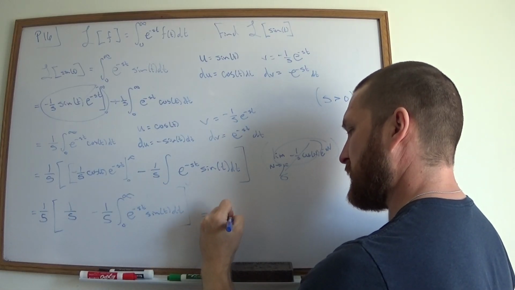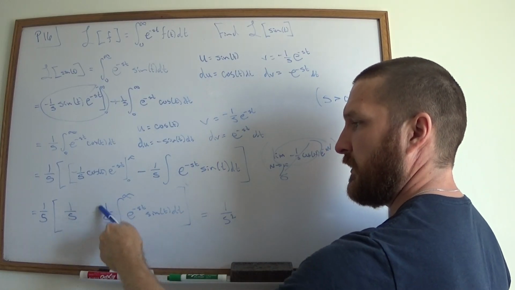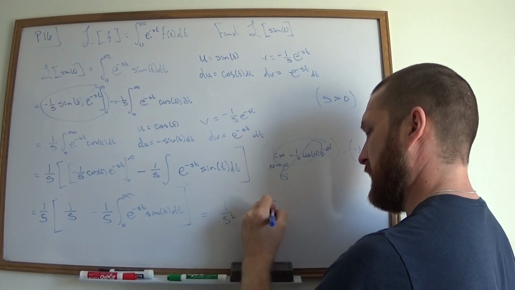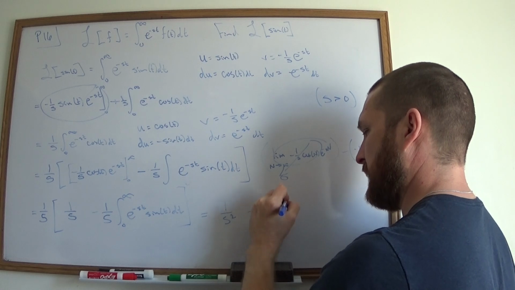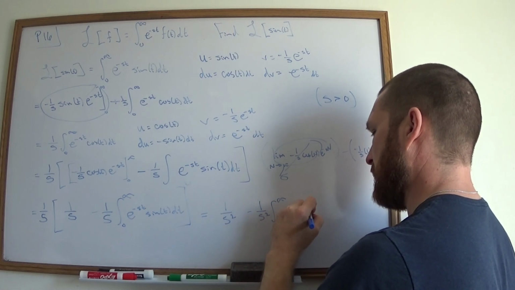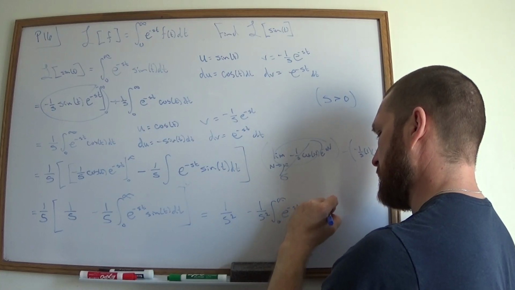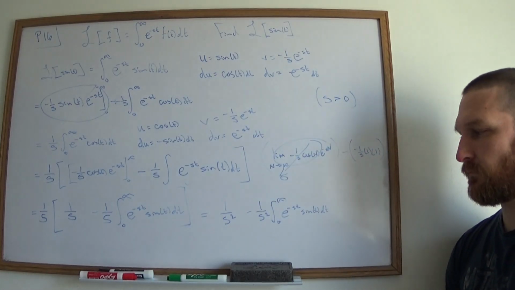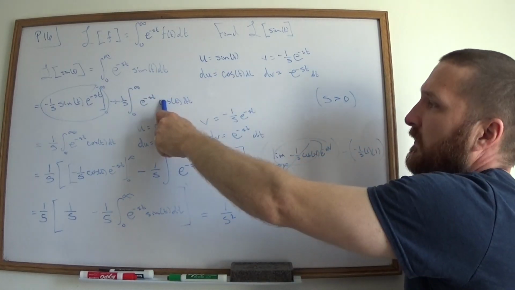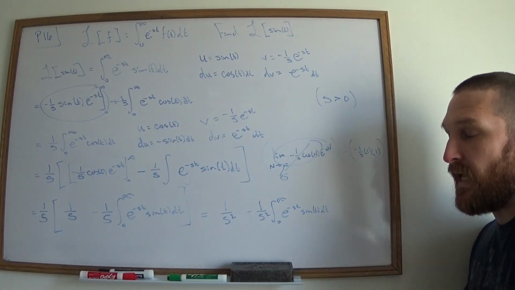We have 1 over s squared, because I'm multiplying through here and then into here, minus 1 over s squared, the integral from 0 to infinity, e to the minus st sine t dt. Uh-oh. Do we go back to where we started? And do it again, and again, and again, and you can see it'll never end if you do that.